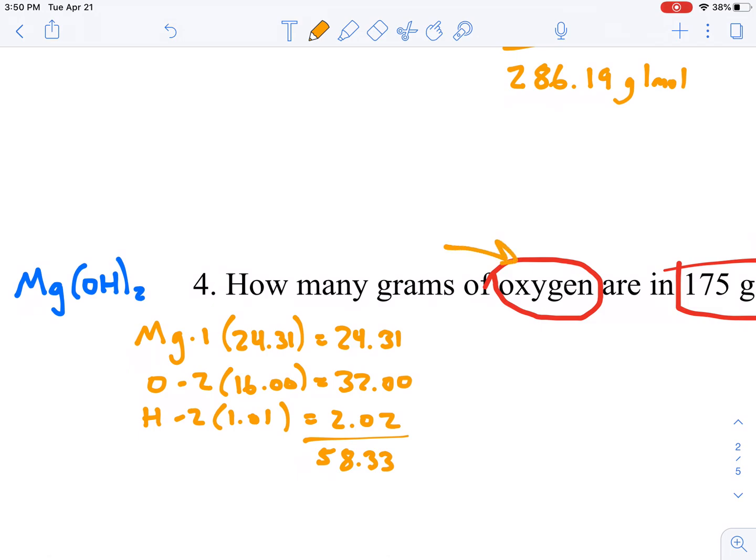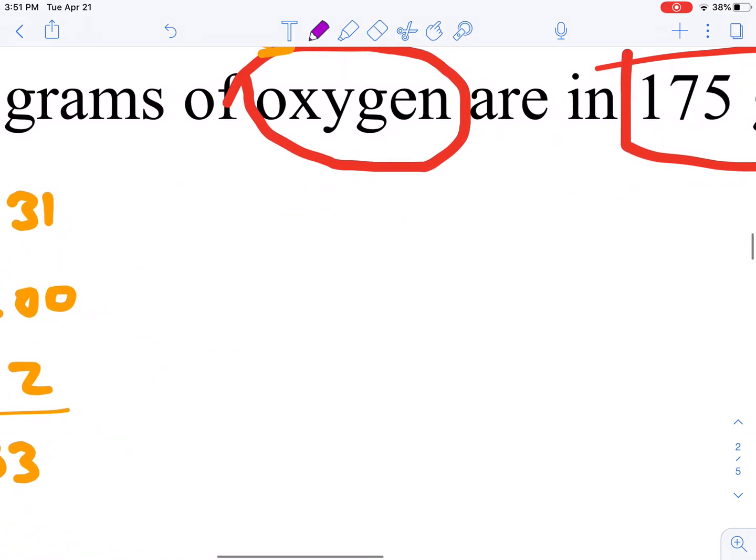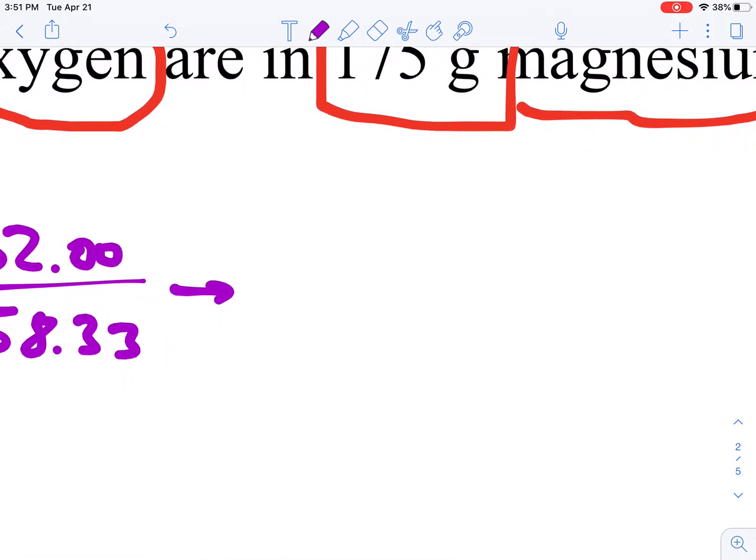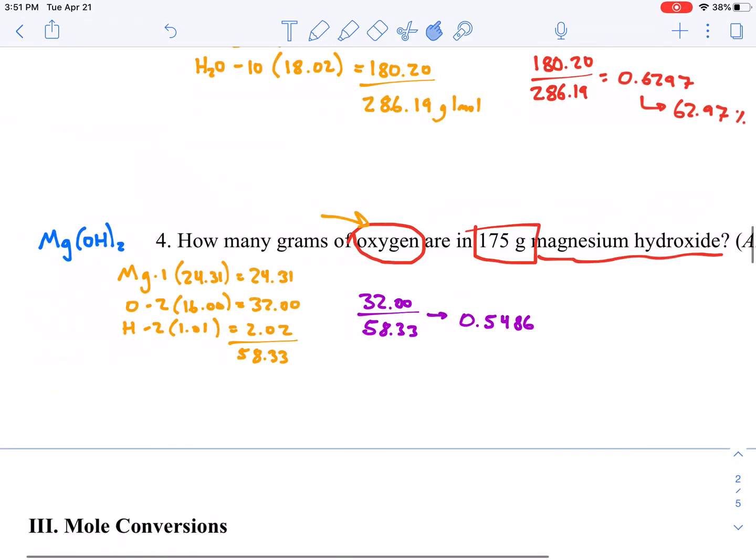And we want to know ultimately about the oxygen. So let's figure out what percentage of this mass comes from oxygen. So for oxygen, there's a mass of 32.00 over the total, which we just said was 58.33. And that turns out to be 0.5486. So what we're saying is that this compound, the MgOH2, is made up of 54% oxygen.